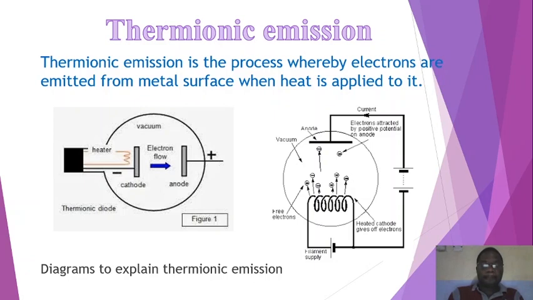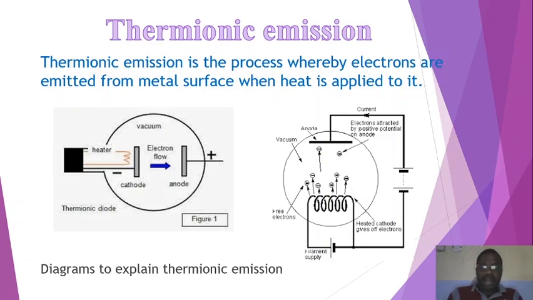Now this heater, we make it with different types of material, something like tungsten. Tungsten is a very heavy metal. I told you the other day that tungsten is one of the heavy metals that are used in making filaments, because once the electric current passes through it, it gets red, it becomes very hot.